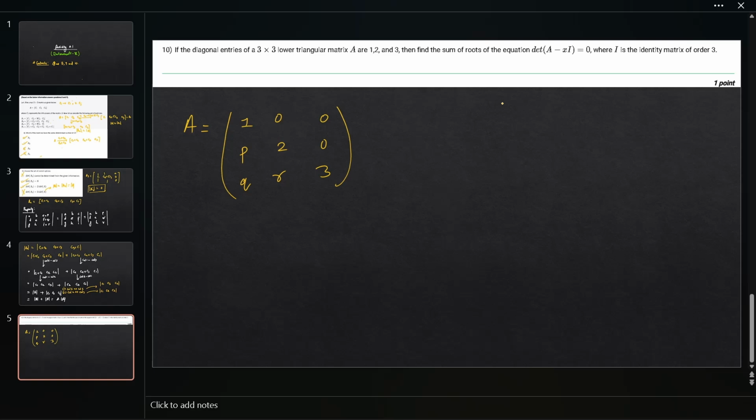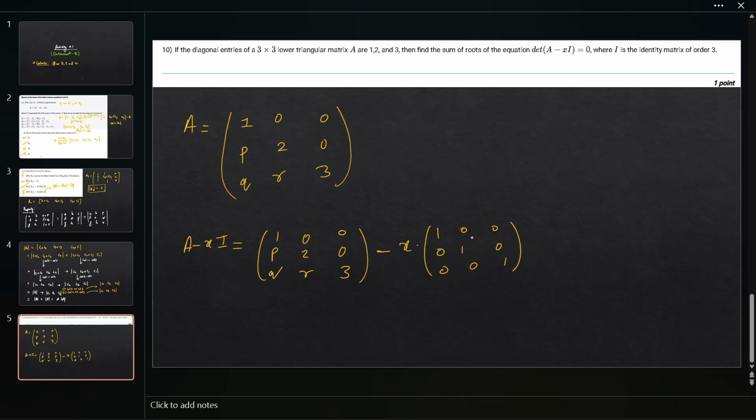So now it is talking about the sum of the roots of the equation determinant of A minus xI. So what will be A minus xI? A minus xI would be this matrix A, 1 0 0, P 2 0, Q R 3, minus x times the identity matrix 1 0 0, 0 1 0 and 0 0 1.